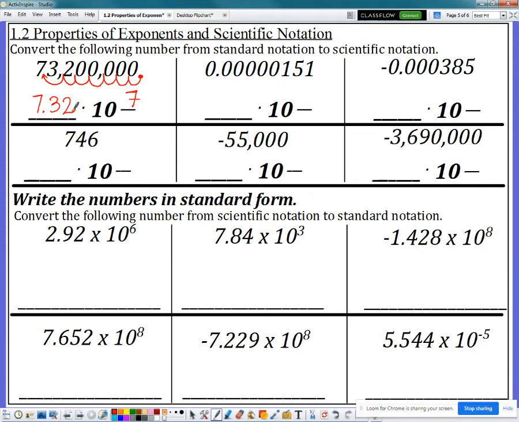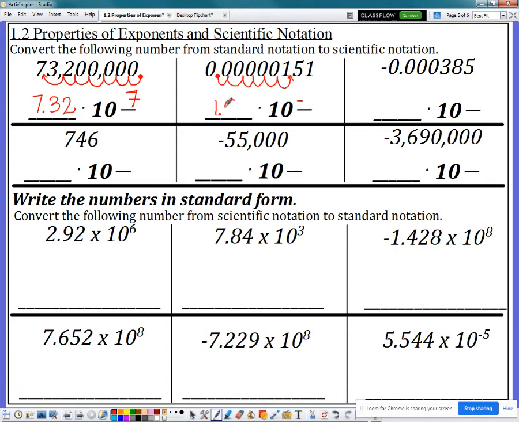All right, this problem in the middle is 0.0000151. That is a small number, so I know by default my exponent will be negative. I now want to take the decimal that we see here and move it to the right, between the first two non-zero numbers, which happen to be 1 and 5, because 1.51 is between 1 and 10.